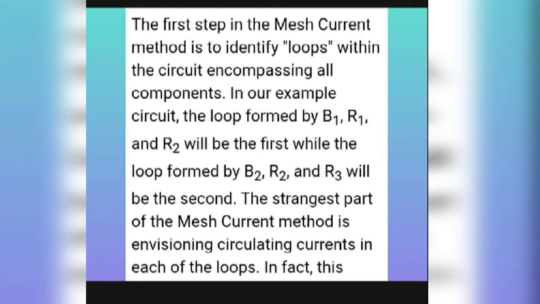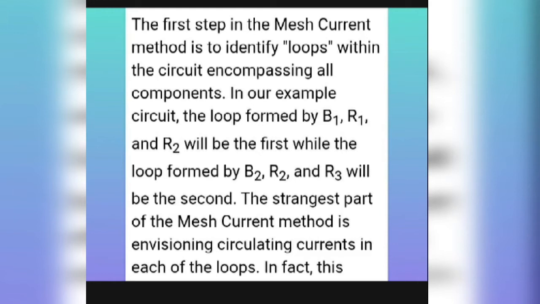The next step in the mesh current method is to assign a circulating current in each of the loops.